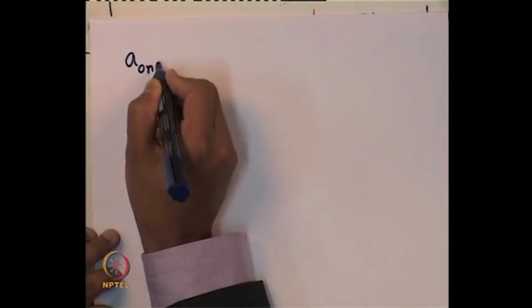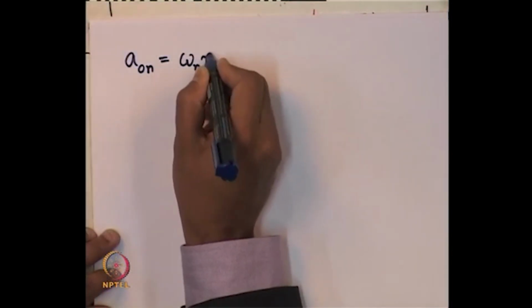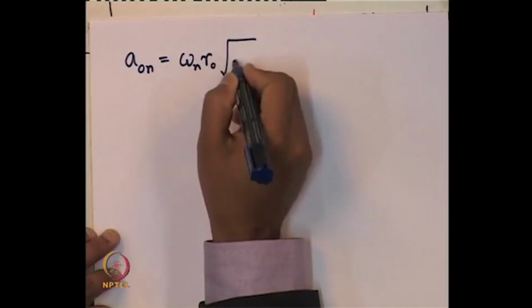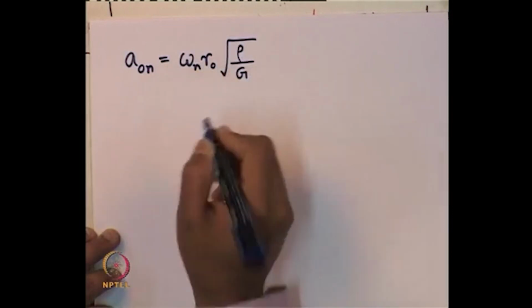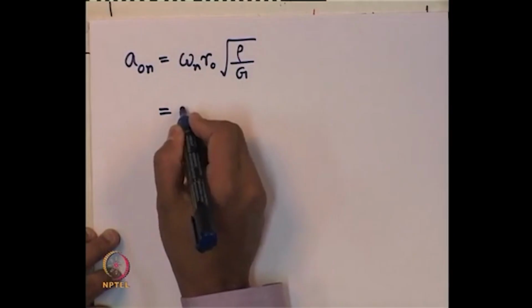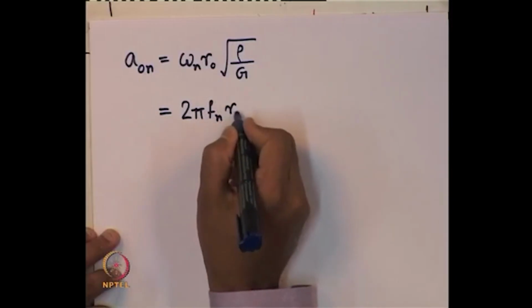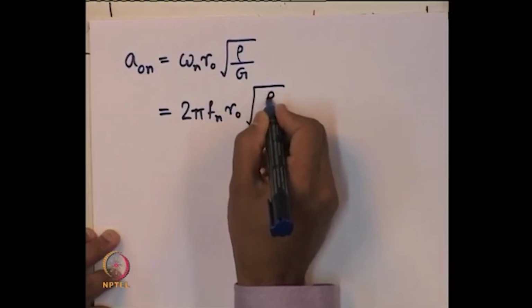Now, let us see what other simplifications we can make from our known expressions. A naught n is expressed as omega n r naught root over rho by g, that we have already used. This omega n we can write as 2 pi f n r naught root over rho by g.